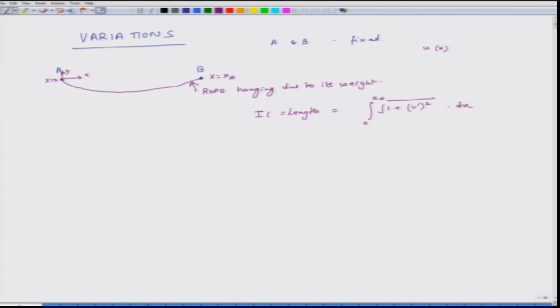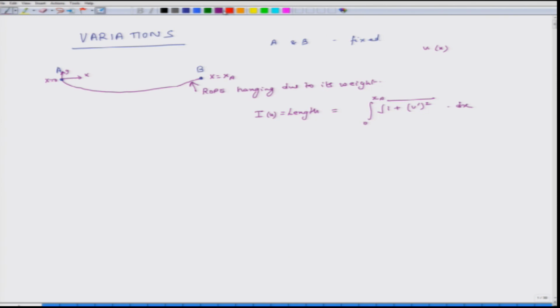So, this is I, which is a functional, and it depends on u. It depends on the shape of the rope. If the shape, now it is hanging because of its own weight, so it has a certain shape, but depending on the shape of the rope, the length of the rope is going to change.